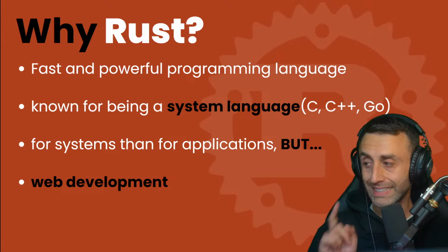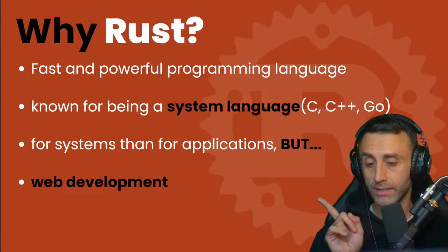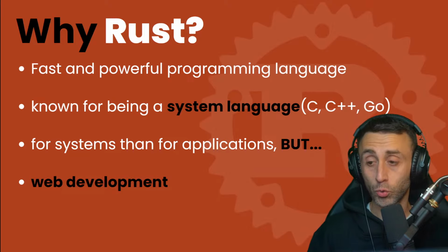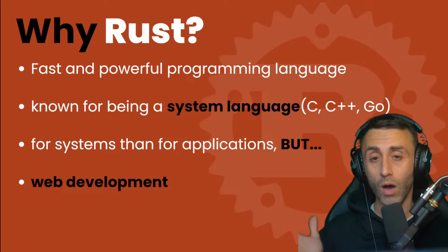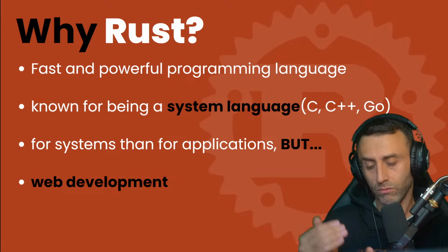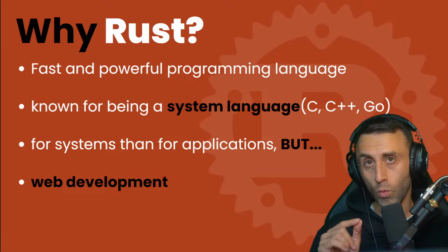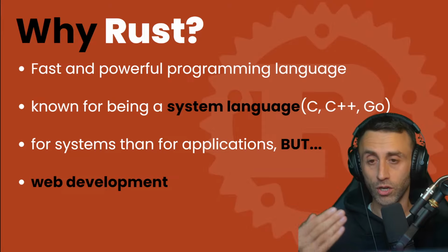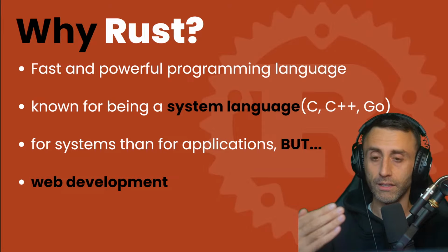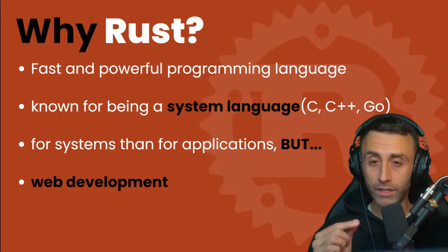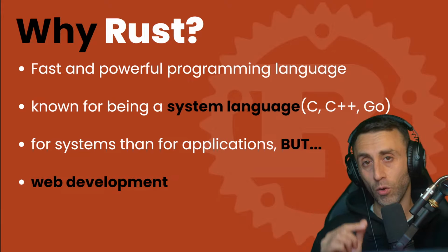Web development. This is where I decided to learn Rust, because I learned that you can use Rust, for example, to create a backend. I created a web server already, but of course, here we are starting from the basics. I think the reason why we could be interested in learning Rust is that it could be very interesting in the future, and this is crucial, we can learn Rust as web developers.